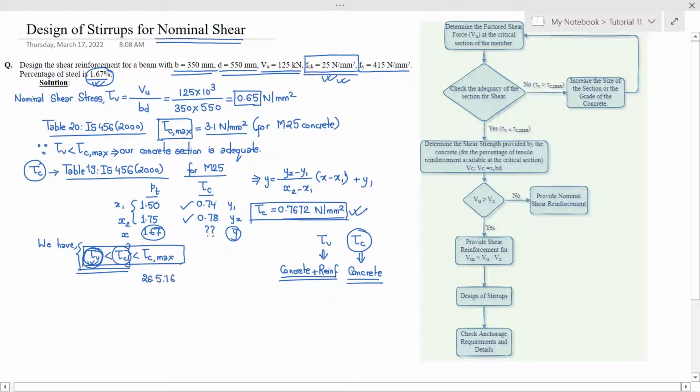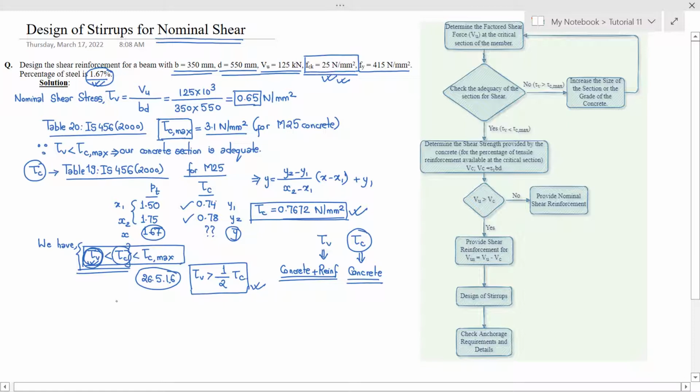We said that in clause 26.5.1.6 we had a condition that we had to design for nominal shear reinforcement when tau v is greater than 1/2 tau c. Now obviously we can see that the value of tau v is greater than half of tau c. So in this case also we have to design for nominal shear.